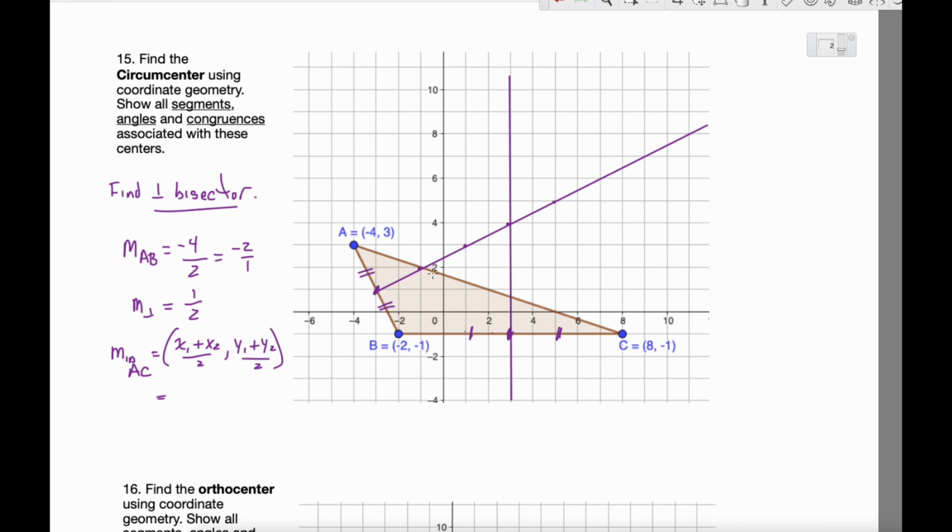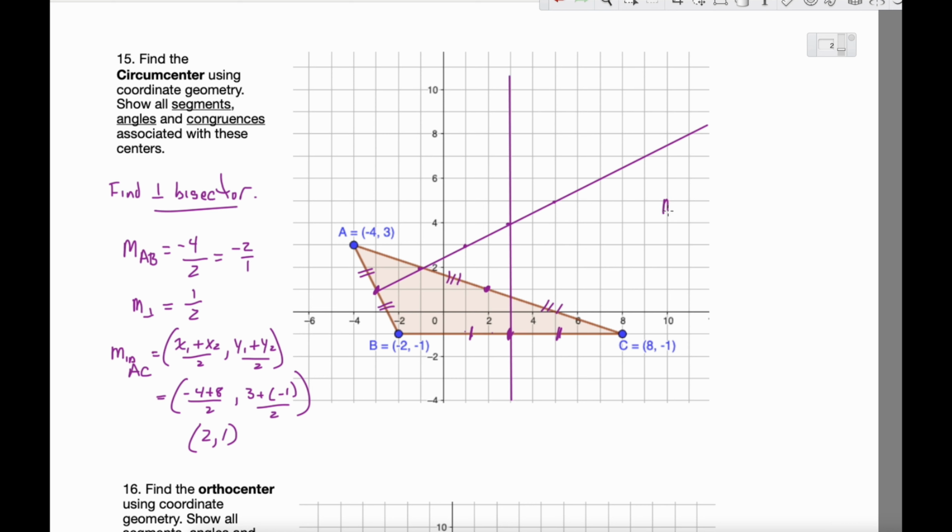So we've got -4 plus 8 over 2, and we have 3 plus -1 over 2. -4 plus 8 is 4, divided by 2 is 2. 3 plus -1 is 2, divided by 2 is 1. 2, 1. Right there. That's our midpoint.